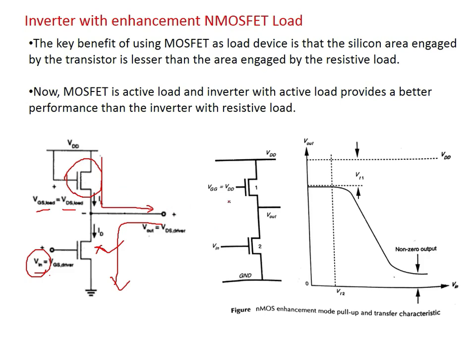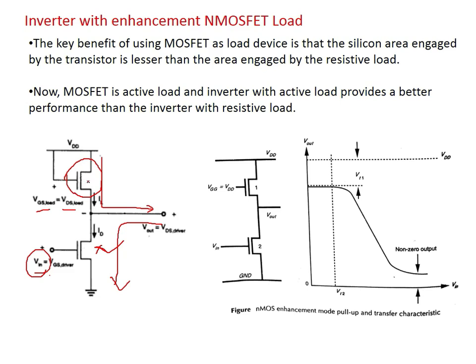And if you see the transfer characteristics of this inverter, for low input we are getting high output, but this output is not equal to VDD. Why? Because here this enhancement mode MOSFET is connected to VDD. In enhancement mode, the channel is not established.